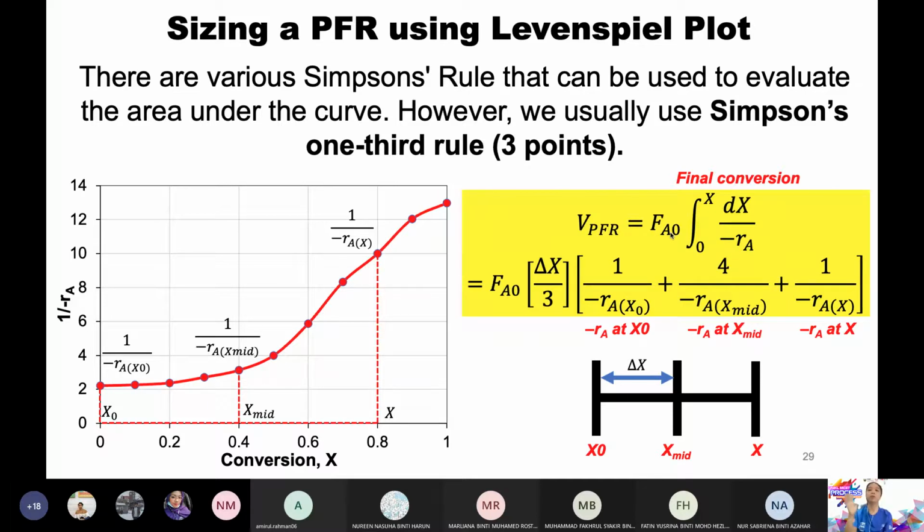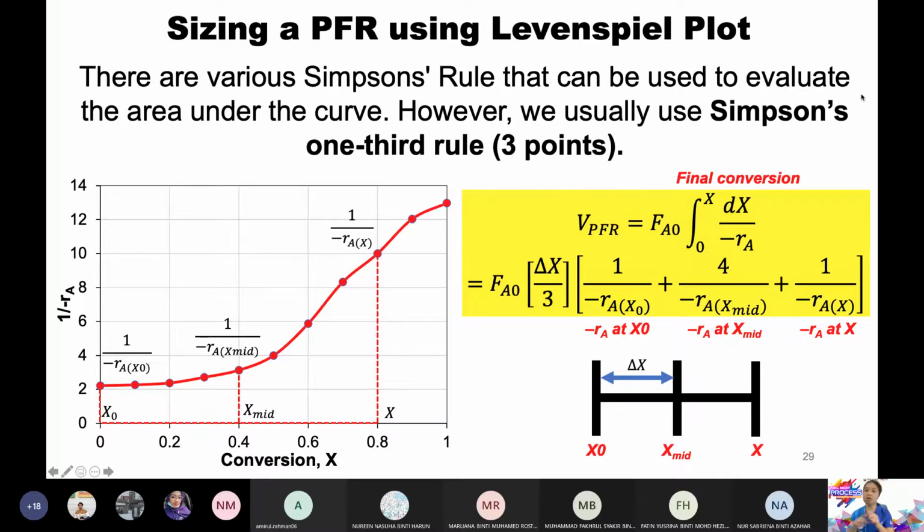Okay, right. So the volume of the PFR equals FA0 integrating from 0 to X, dX per minus RA. Again, why is the bottom limit zero? Because in a single PFR, the initial conversion must be zero, meaning nothing of A has been converted yet.